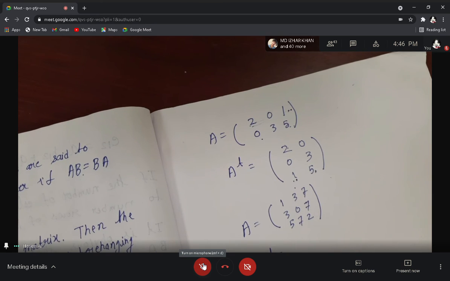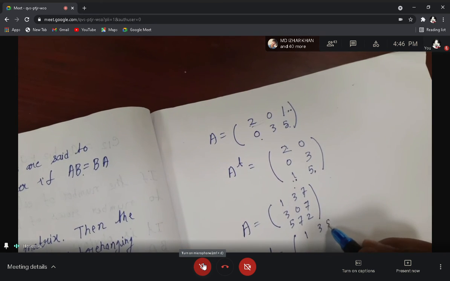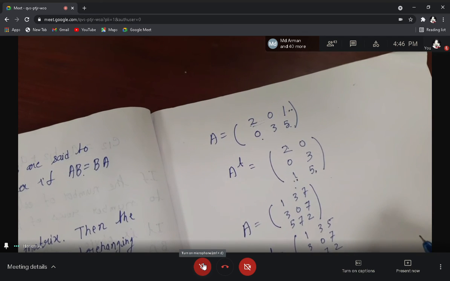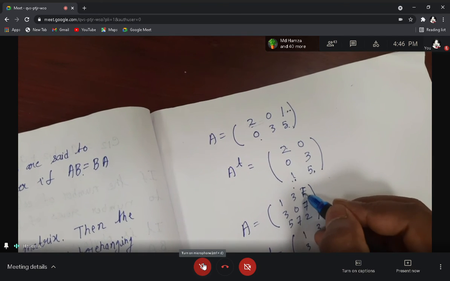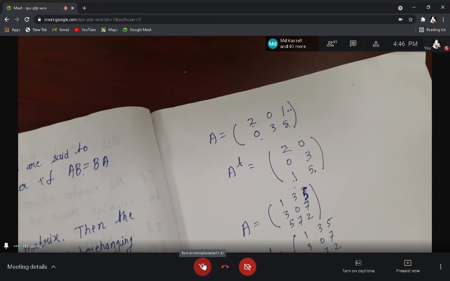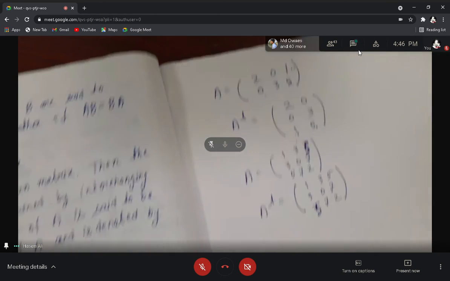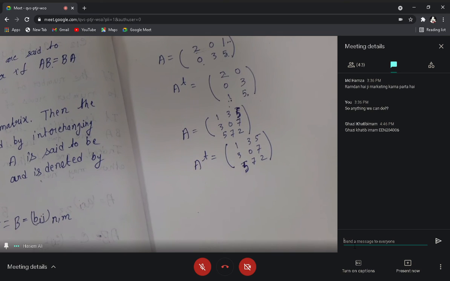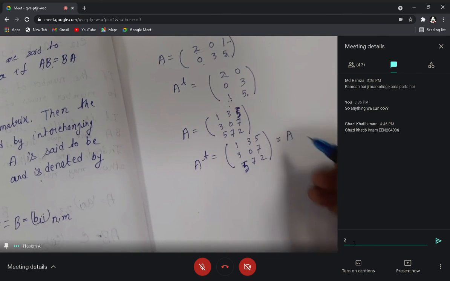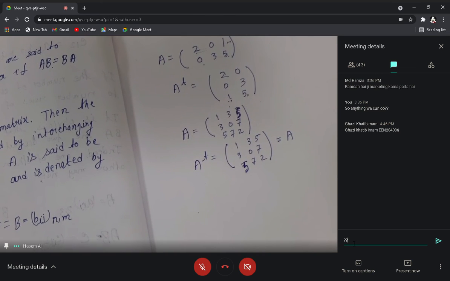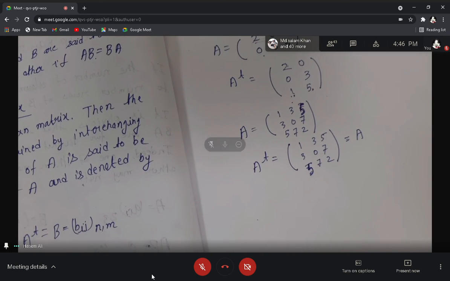A transpose is 1, 3, 5, 3, 0, 7, 5, 7, 2. So what is A transpose? Is this clear?